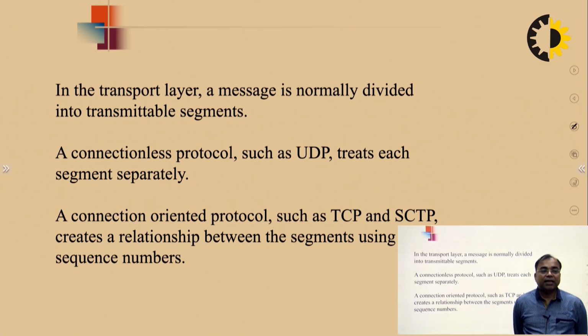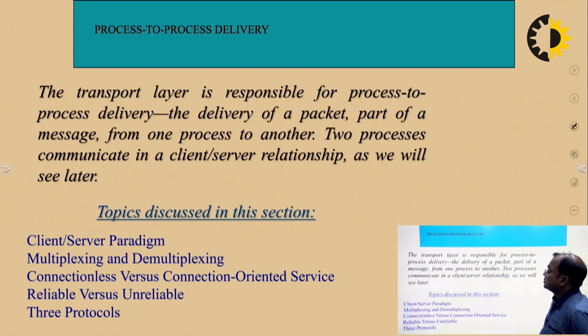Next, we have the connection oriented protocols, like TCP and SCTP. These create a relationship between all the segments in the data packet using the sequence number. So this is how a connection oriented protocol basically works at the transport layer.